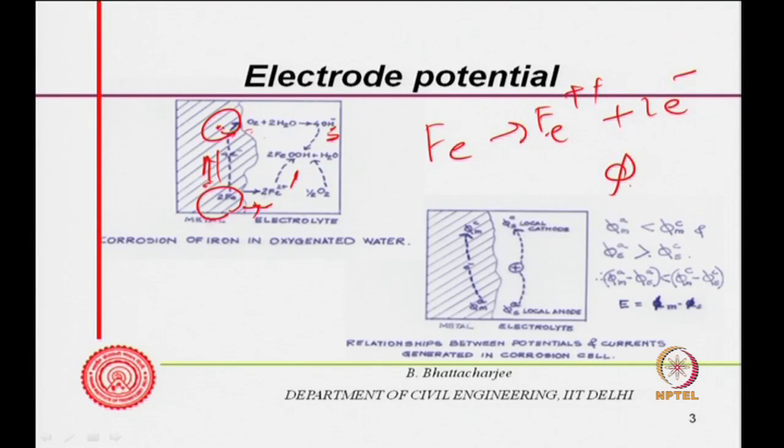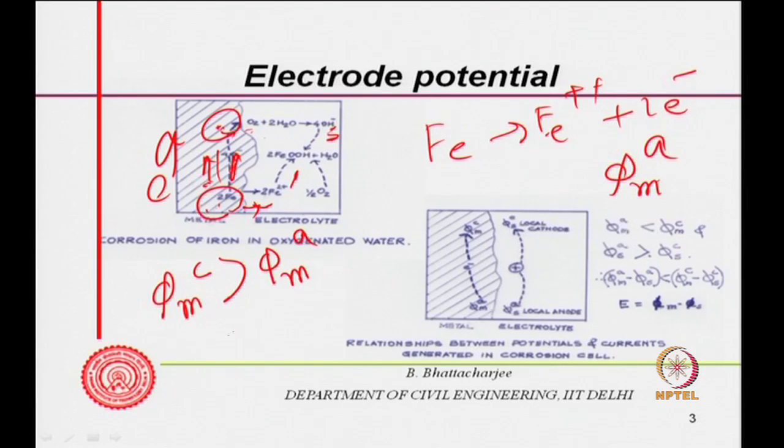So, phi m a is the potential in the metal at the anode, and phi m a must be less than phi m c, because the electron is moving along this direction. So, phi m c must be greater than phi m a, where phi stands for the potential at the metal.